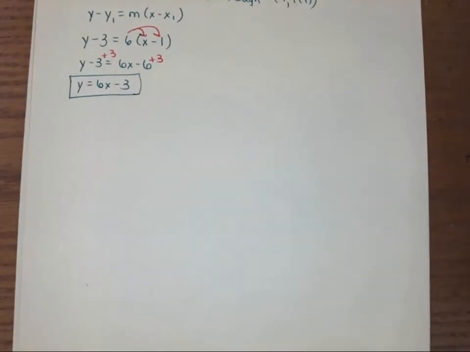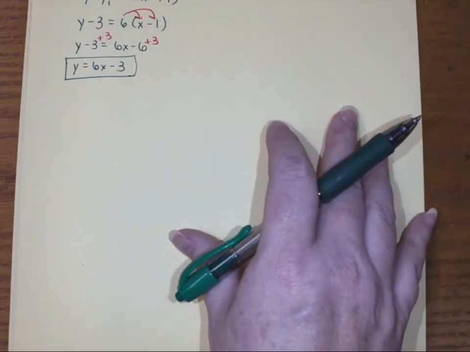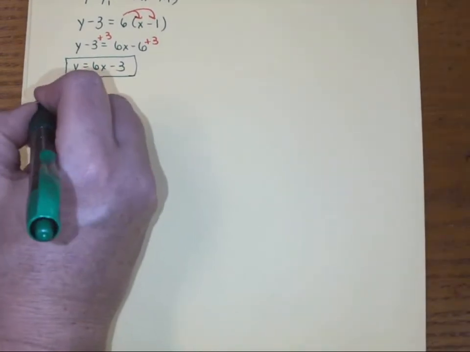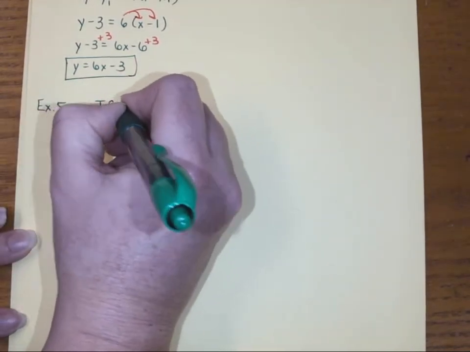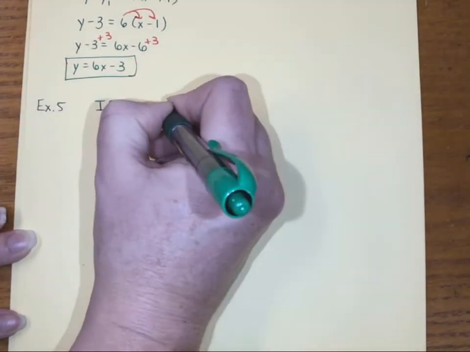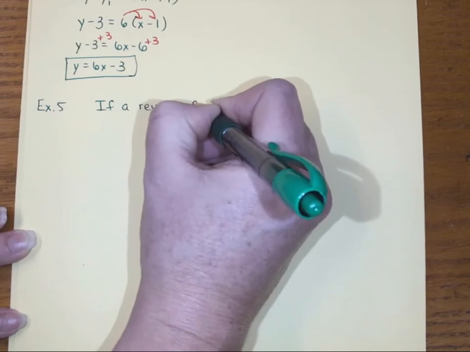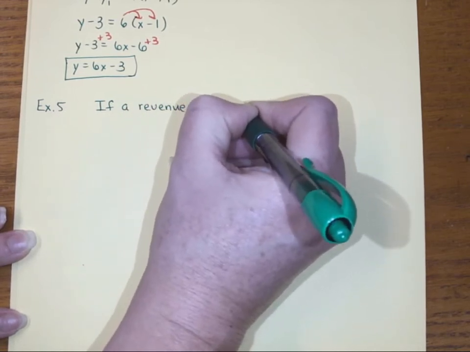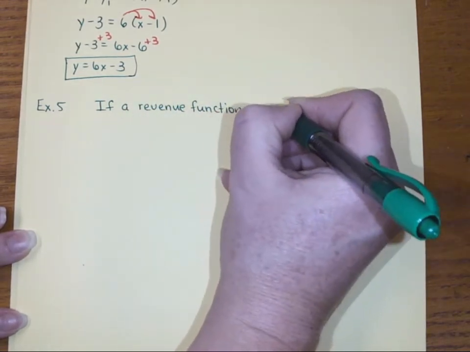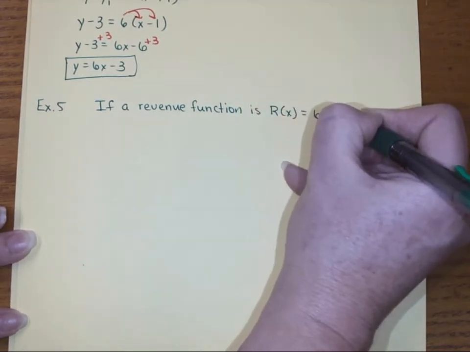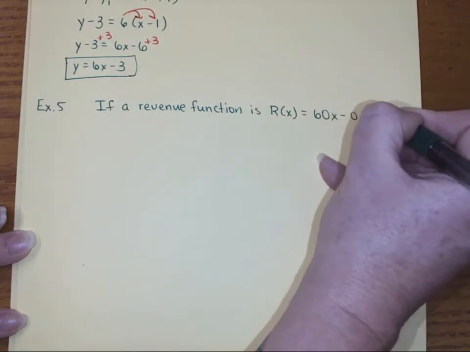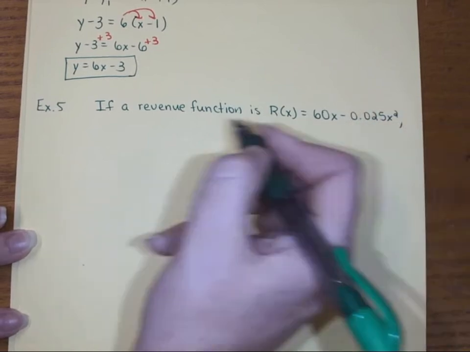All right, so let's look at maybe an average rate of change problem that involves a business topic like revenue. Let's say that you have a business that you're studying or that you work for, and their pattern for revenue looks like this function: 60x minus 0.025x squared.